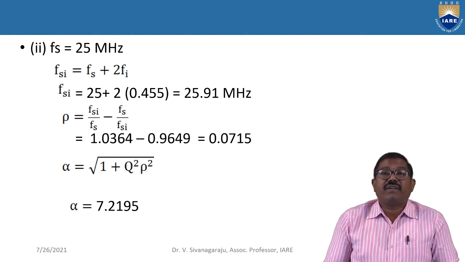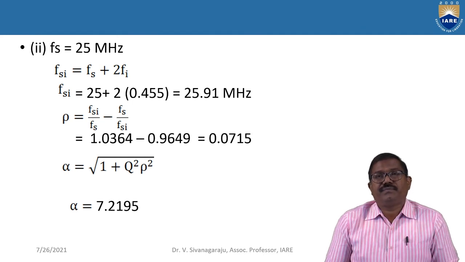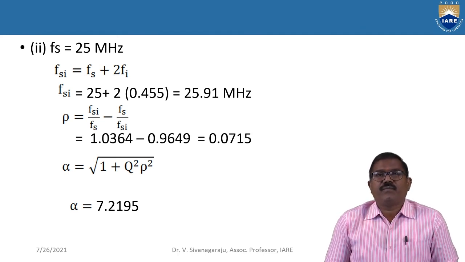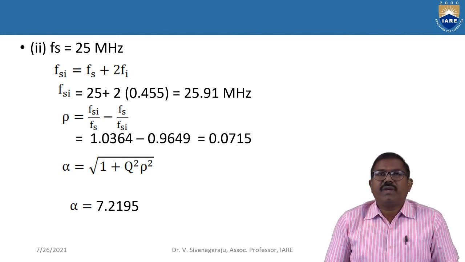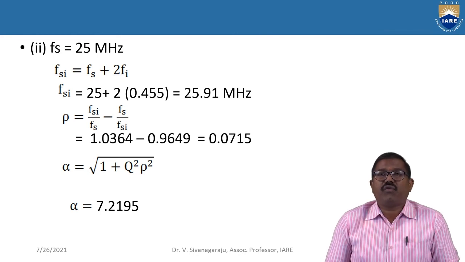Our intermediate frequency value is 0.455. Substituting these values, we get the image frequency Fsi, which is 25.91 megahertz.